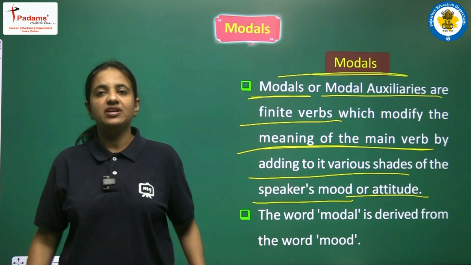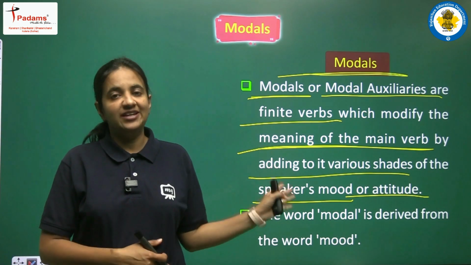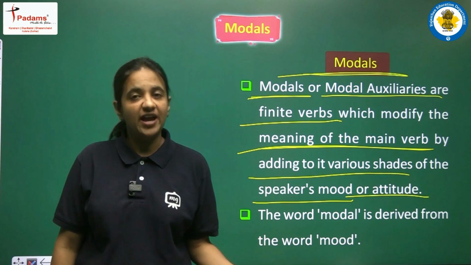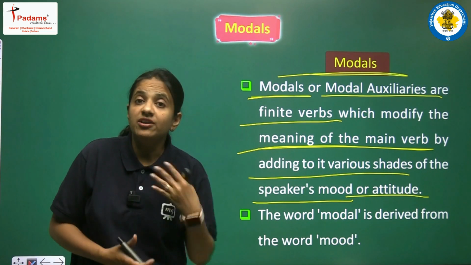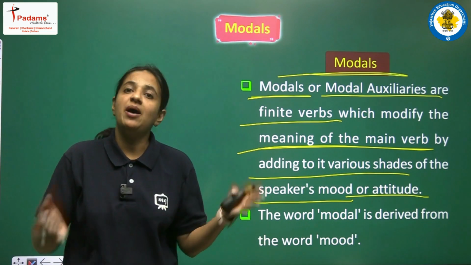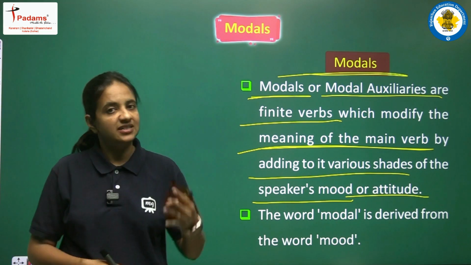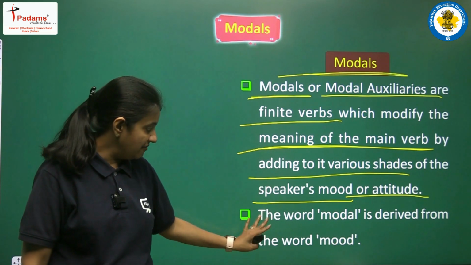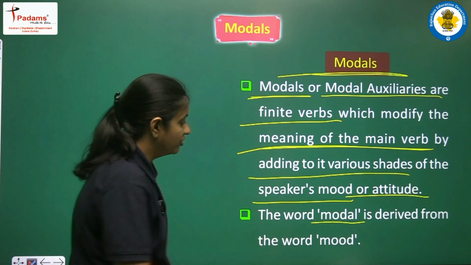So basically, here is the basic definition of modals. First of all, modals are also known as modal auxiliaries. Second, they are finite verbs and they can modify the meaning of the main verb, because they can add the speaker's mood or attitude. Another thing about modals is that the word modal is derived from the word mood.